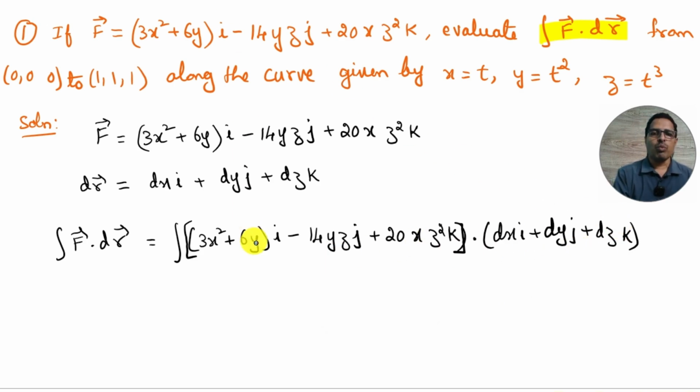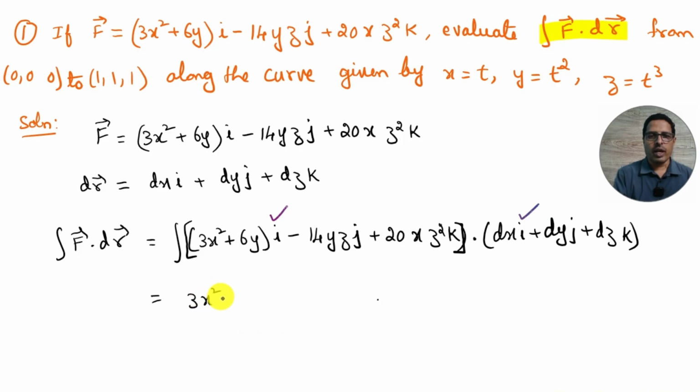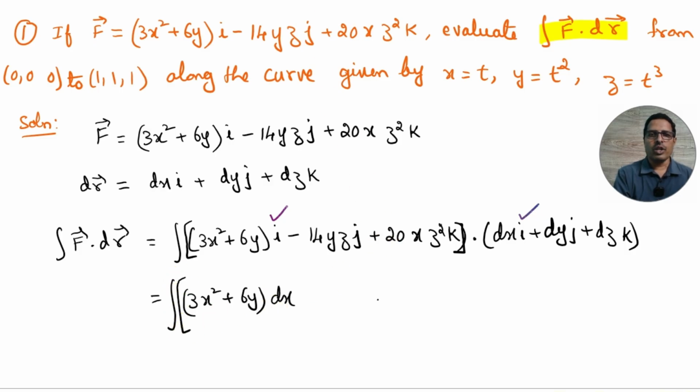So let us start with i dot i. So this i dot i will be 1. So therefore you just have 3x square plus 6y. i dot i will be 1, so this integral will remain as it is. i dot i is 1 into dx we will be getting. Then again j dot j will be 1.